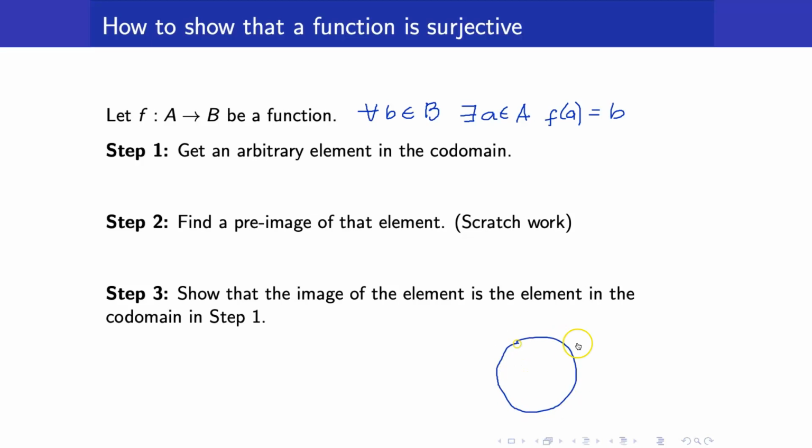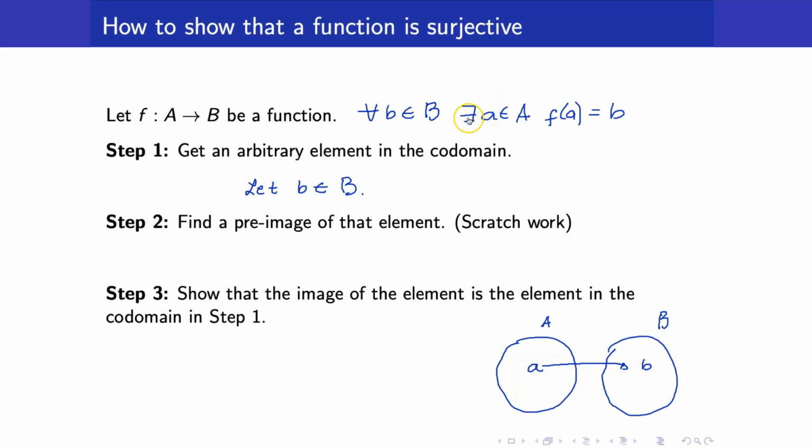So again, this means that if you get an element in B, we can always find an element in A such that a gets mapped to b. Since we are starting with for all b, we get an arbitrary element in the codomain. So in this case, we have let b be in B. Then we have scratch work because this is an existence.